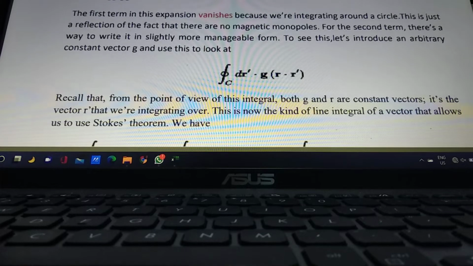Recall that from the point of view of this integral, both g and r are constant vectors. It's the vector r' that we are integrating over. This is now the kind of line integral of a vector that allows us to use Stokes' theorem.